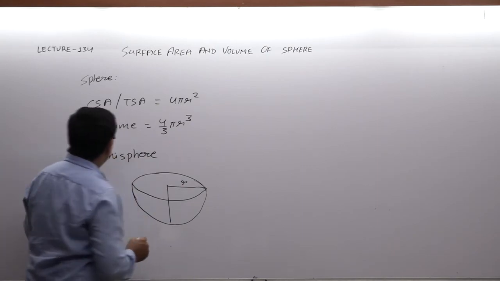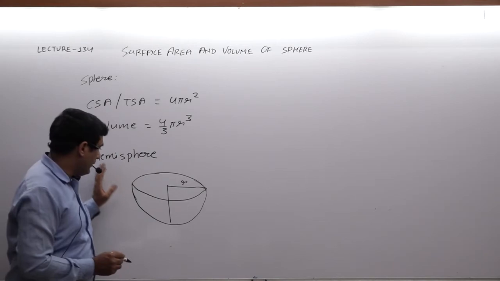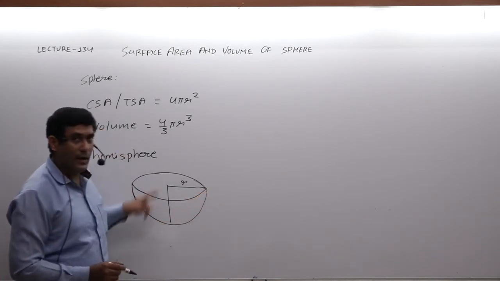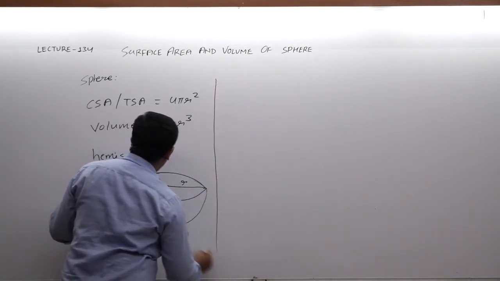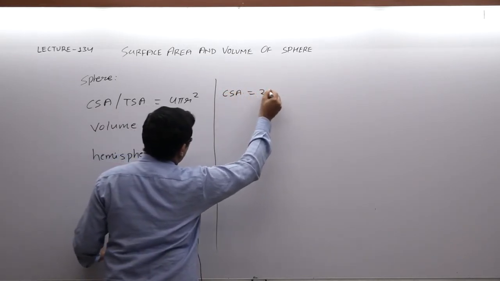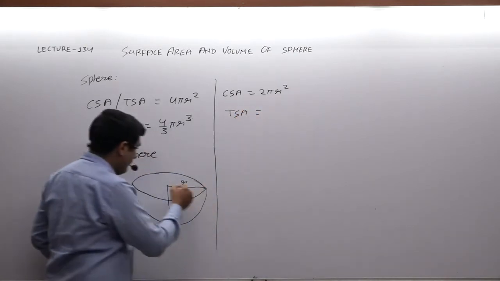So now here definitely there is curved surface area as well as total surface area. When we say curved surface area, that is exactly half of the CSA of the sphere. So for hemisphere, CSA is 2 pi r square. Now here we have one flat surface as well.